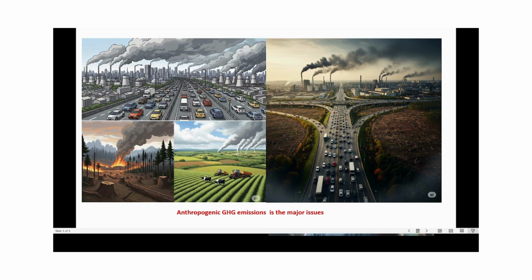And to mitigate something, we must have an idea how to estimate that thing. Estimation of greenhouse gas is the first step to mitigate it. So now we must appreciate it is high time to mitigate greenhouse gas emission at our own level.